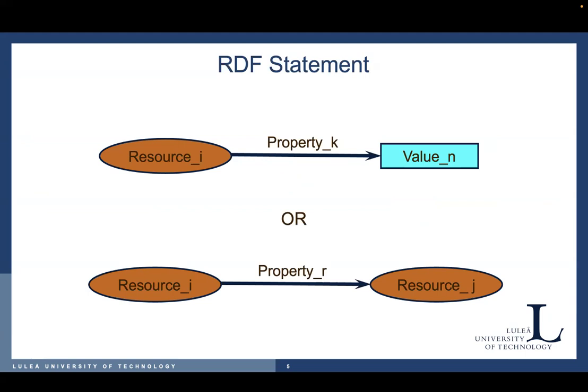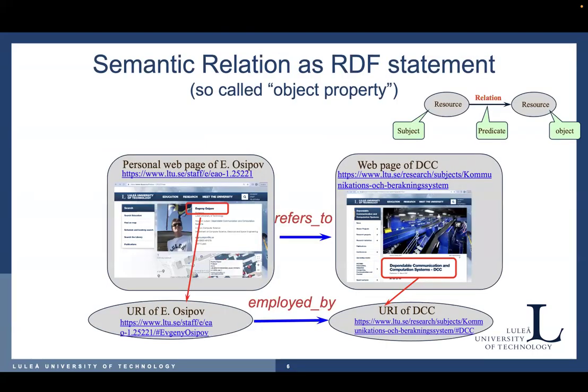And properties can be of terminal character, so a value, or a property can be another resource. In any case, here is an example of what we mean by constructing this resource description.